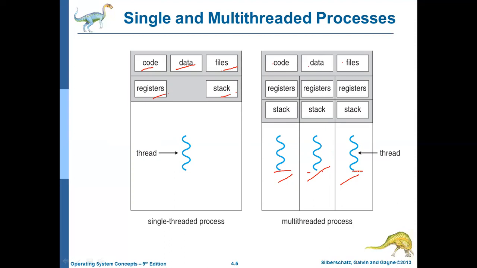The meaning here is these three threads belong to the same process. Hence, they can share the code, data, and files, whereas they will have their own registers and stack. So this is what makes a thread different from a process, and that is the reason why we call a thread a lightweight process, whereas an ordinary process is a heavyweight process.